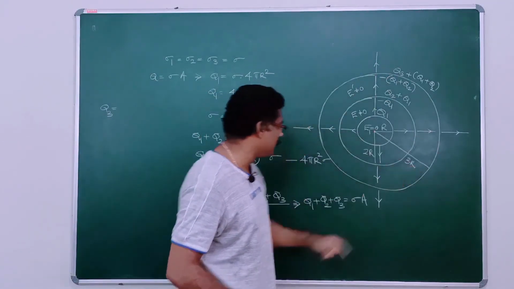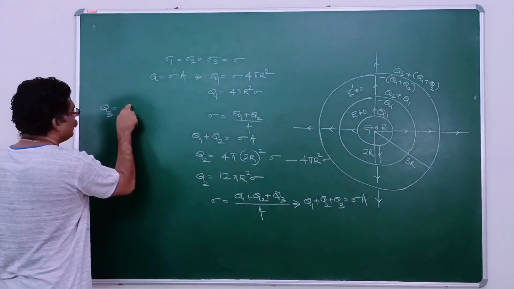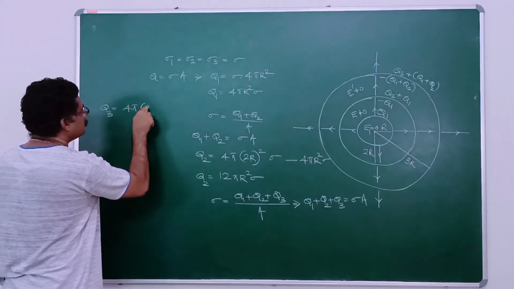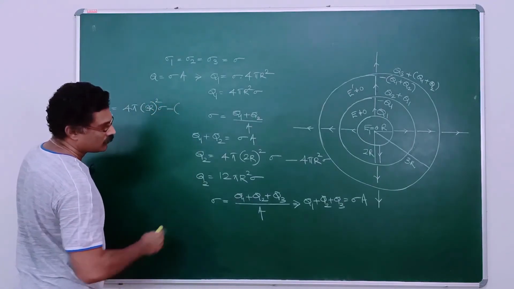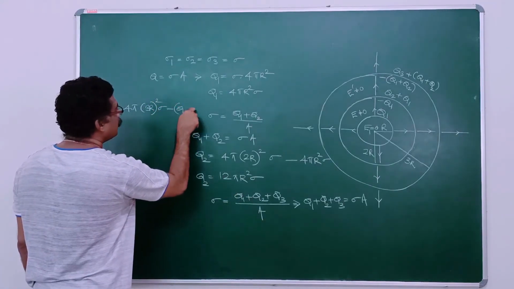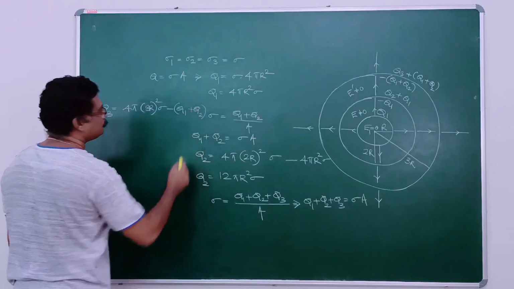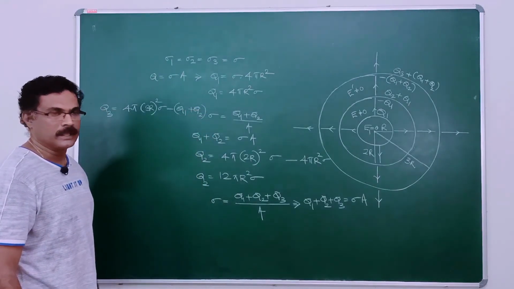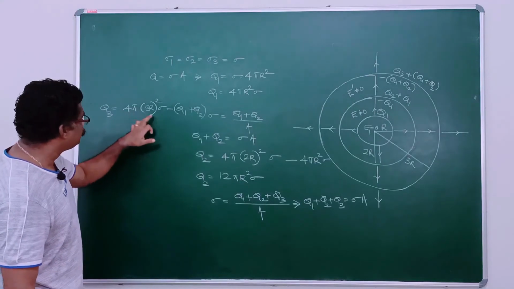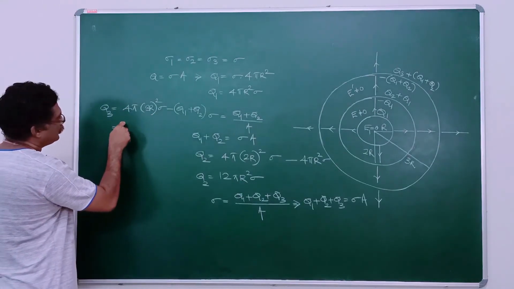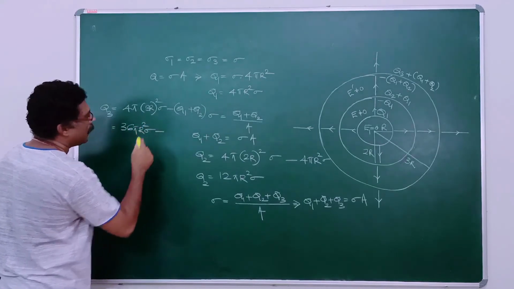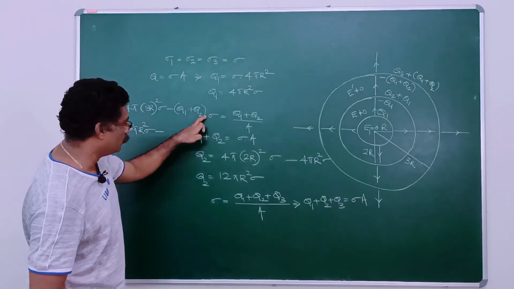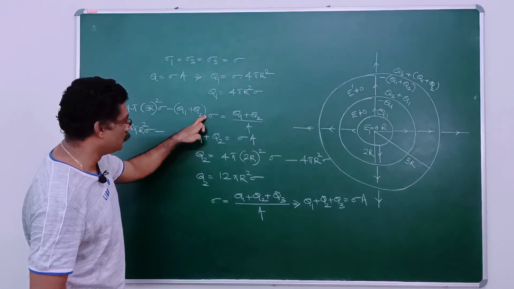Its radius is 3R, so it is 4 pi into 3R whole square into sigma, which is 36 pi R square sigma, minus Q1 plus Q2. What is Q1 plus Q2?